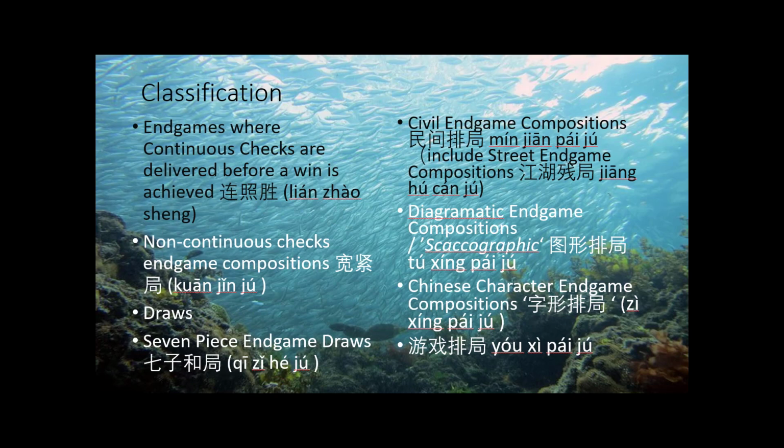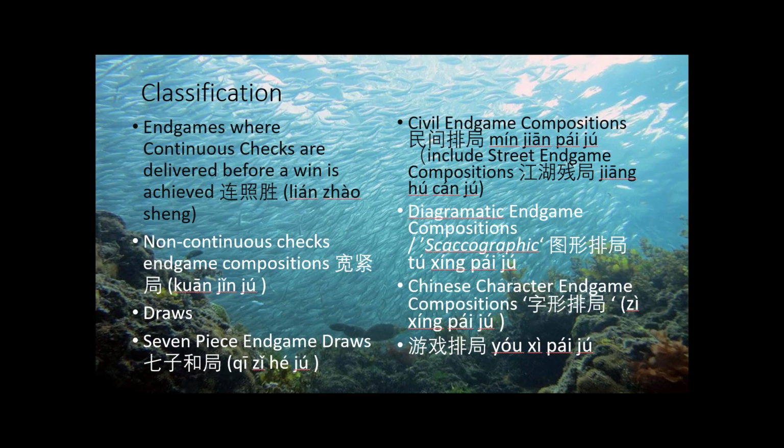This classification was given in Tu Jingming's Xiangqi dictionary. So most of the commonly seen Xiangqi endgame compositions can be classified as endgames whereby continuous checks are delivered before a win is achieved. They're called 连兆胜牌局.